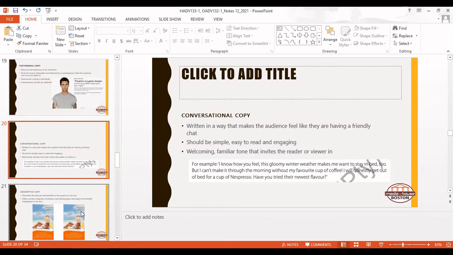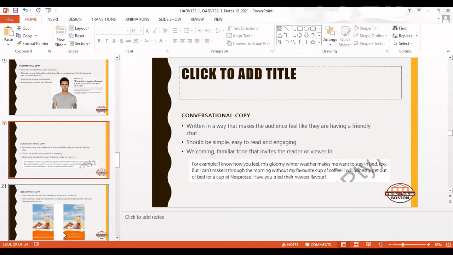For example, this is an example of a conversational copy. I know how you feel this gloomy winter. Gloomy winter weather makes me want to stay in bed too, but I can't make it through the morning without my favorite cup of coffee. I will honestly get out of bed for a cup of Nespresso. Have you tried their newest flavor? So they're having a conversation with you. They know it's winter, you're in bed, but they're saying to you, yes, we know you're in bed, but can you spend the whole morning without having your cup of coffee? So they're creating a conversation.